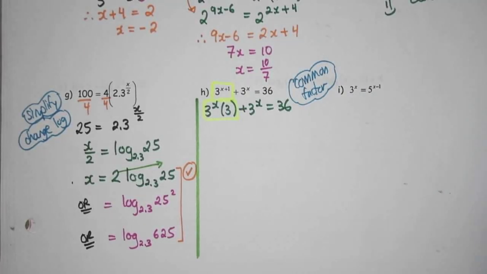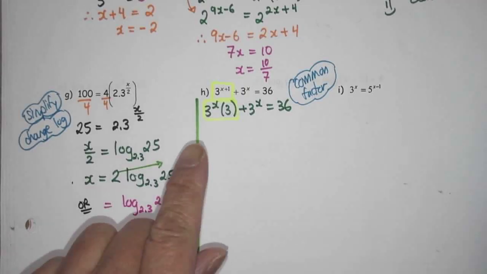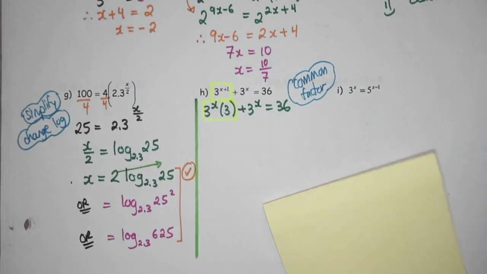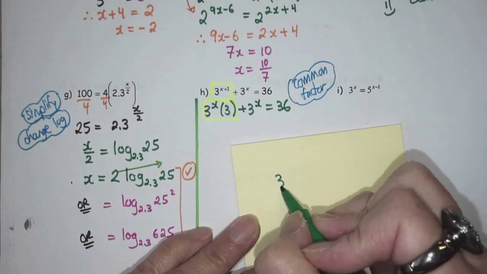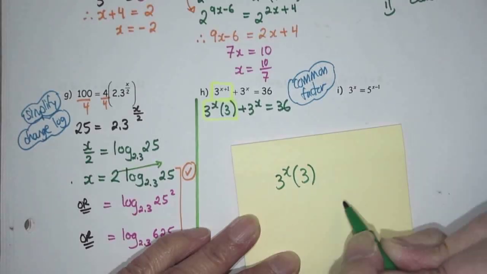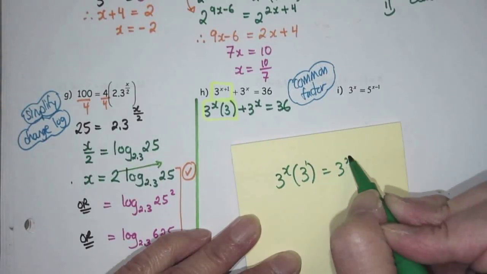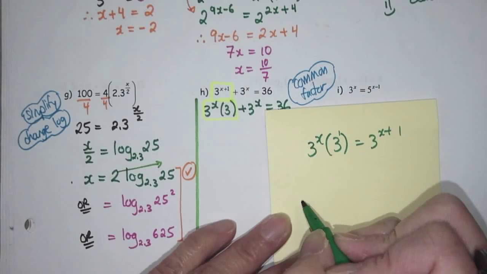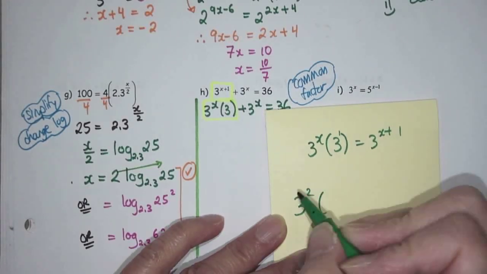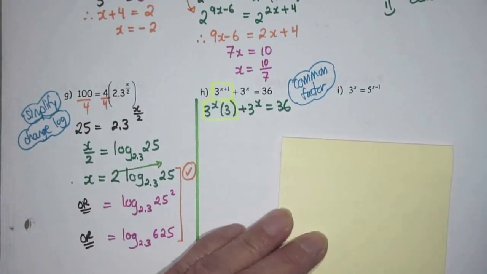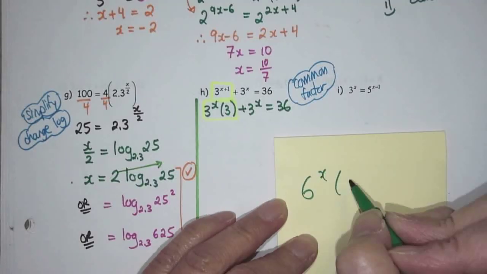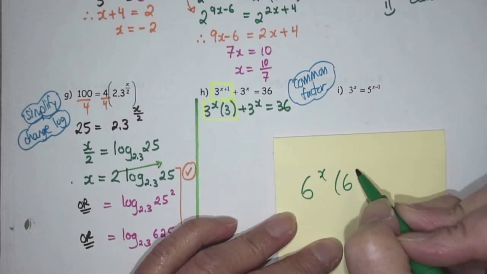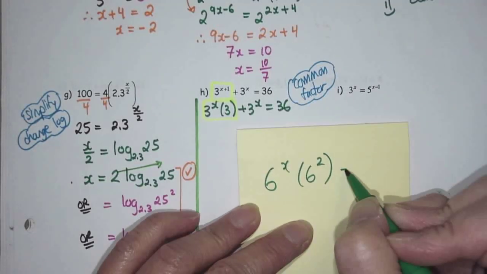So all we've done is we've always gone forwards. I gave you this, 2 terms, so I would say 3 to the x times 3, and you'd go, oh, that's a 1, so that's 3 to the x plus 1, right? You know to add. If I gave you, let me try a different one, if I gave you 6 to the x, and this is what we did last year, we would go 6 to the 2, and I'd say, can you combine those?